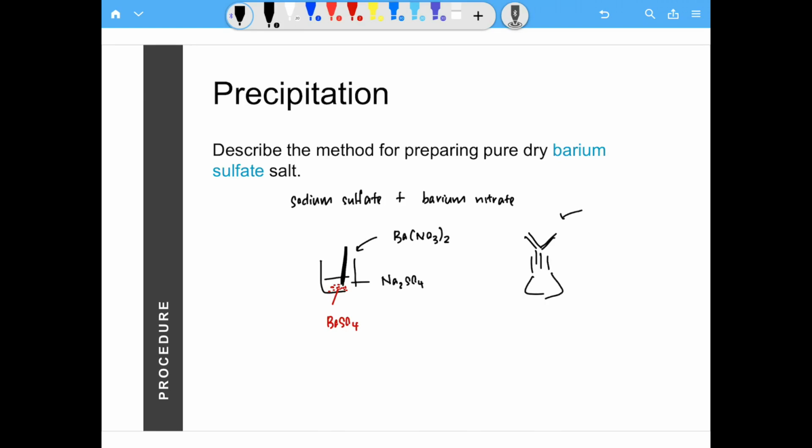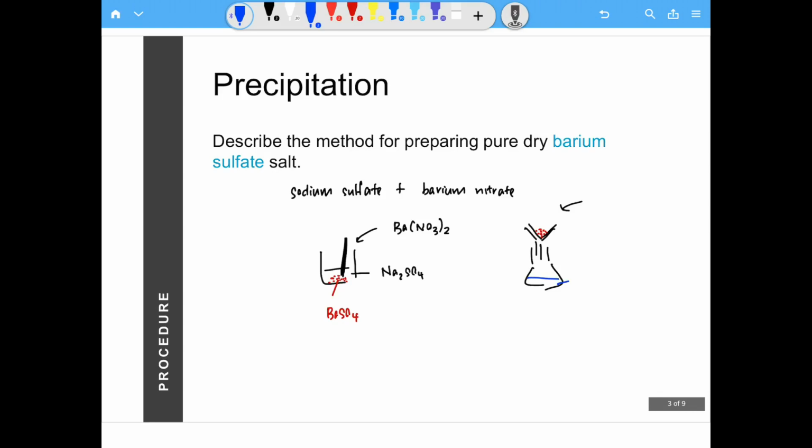We'll pour the mixture into a setup for filtration, and we'll collect the residue here, and we'll have the filtrate. For the precipitation method, we want to collect the insoluble salt, which is your barium sulfate. So it's essentially your residue that you want to collect.